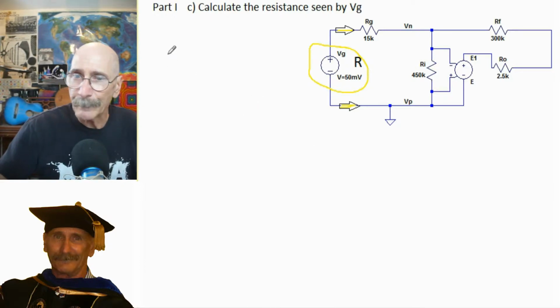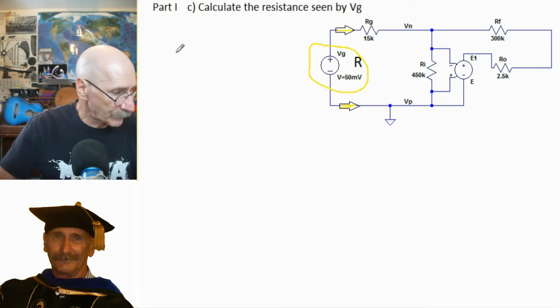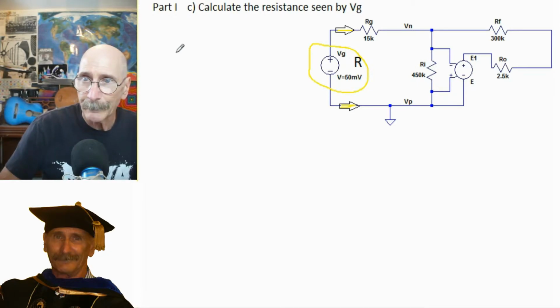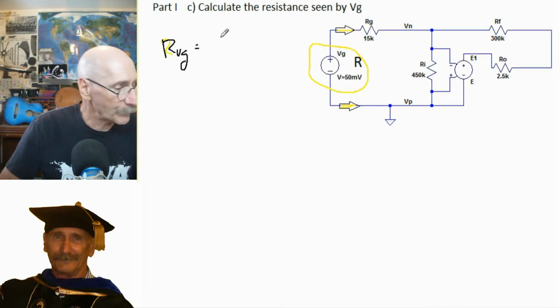So the simple solution, of course, is that R of VG is just going to be equal to VG divided by IG.